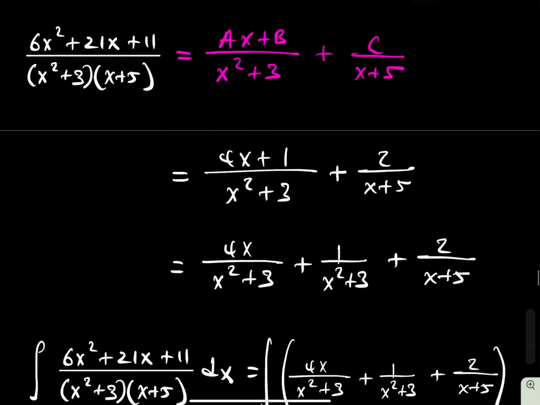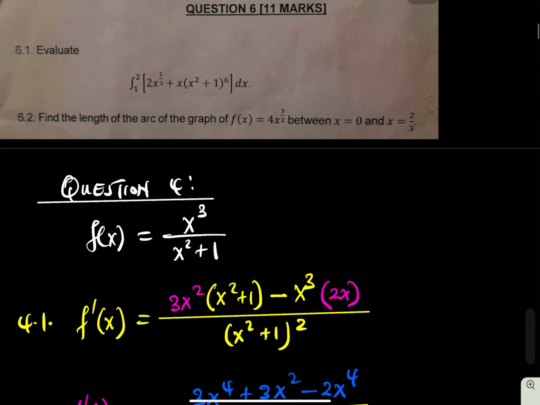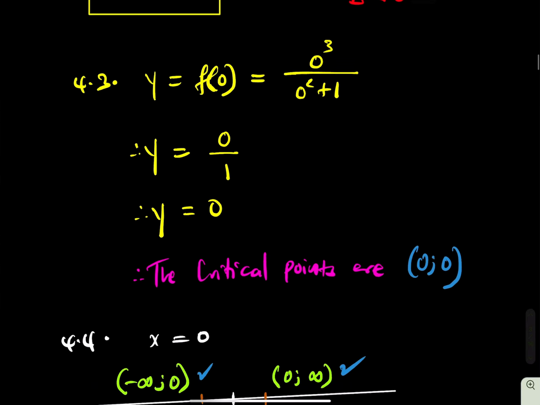6.2. What are they saying? I didn't really check that question. 6.2. Find the length of the arc of the graph of f at x, which is equals to 4x to the power 3 over 2, which is in between x is equal to 0 and x is equals to 2 over 3.